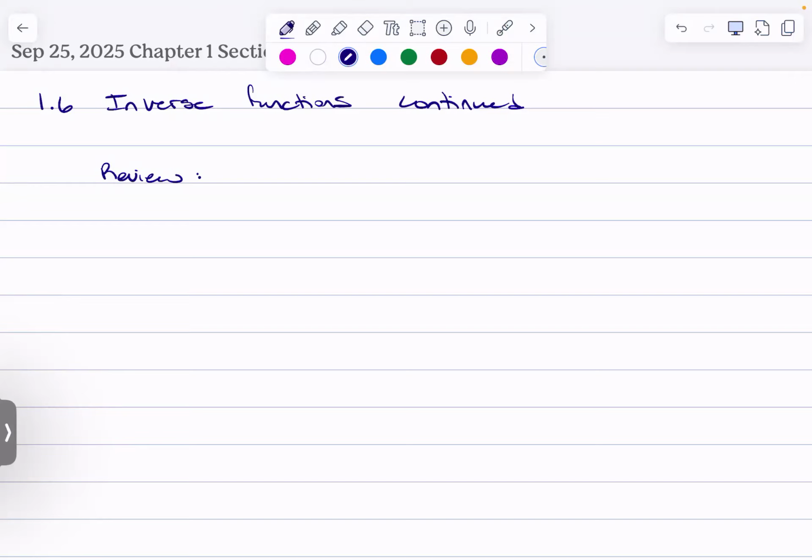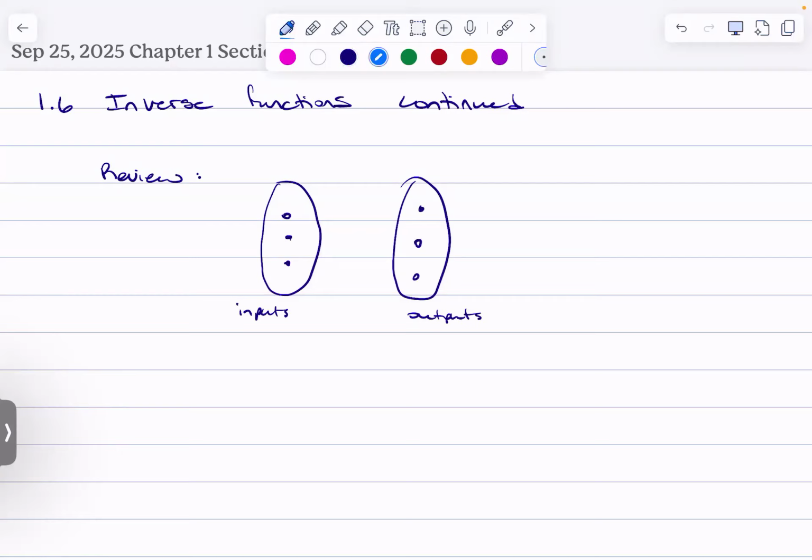What's an inverse function? The inverse function is a function. So if we have our inputs and our outputs, let's say we have 3 inputs, then we have 3 outputs, then our function has to be a special function.